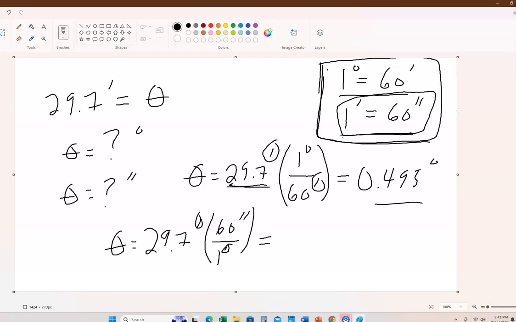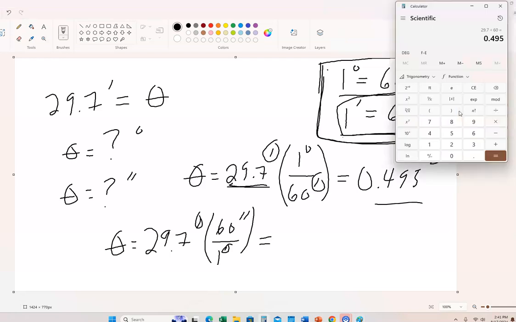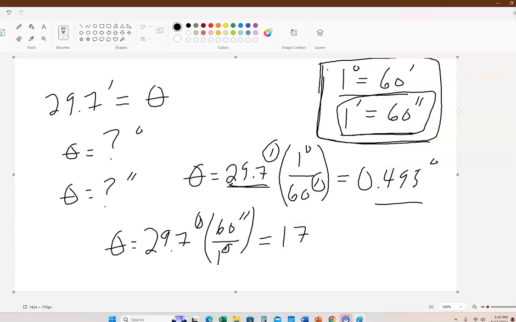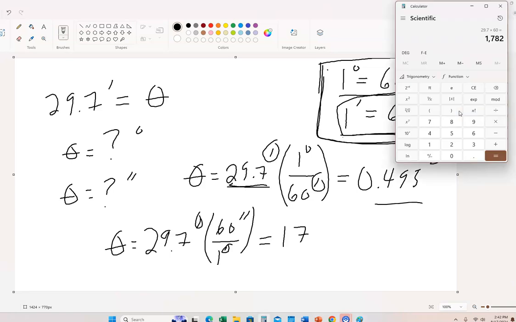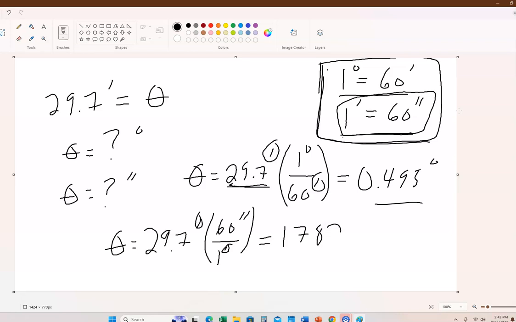So 29.7 times 60, remember, we're converting it into arc seconds. It turns out that this is 1,782 arc seconds.